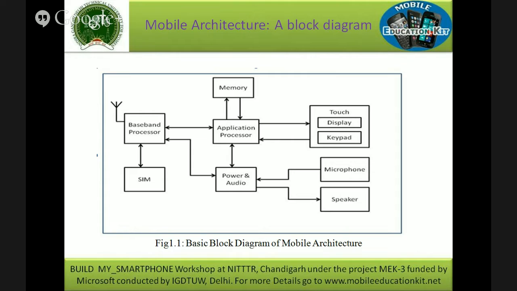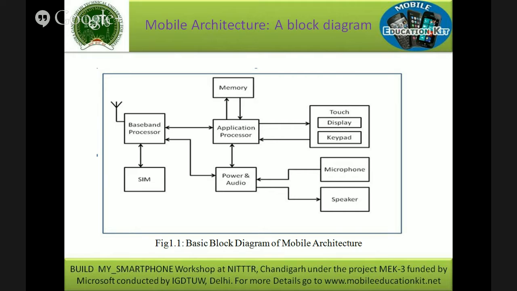Now look at the similarities with the previous block diagram. You have a memory, because every computer processor of course coexists with memory. Input output peripherals, they are all I/O peripherals. Of course, the power and audio management, because mobile is the one hardware where power optimization is a very important issue and a very research-oriented topic.